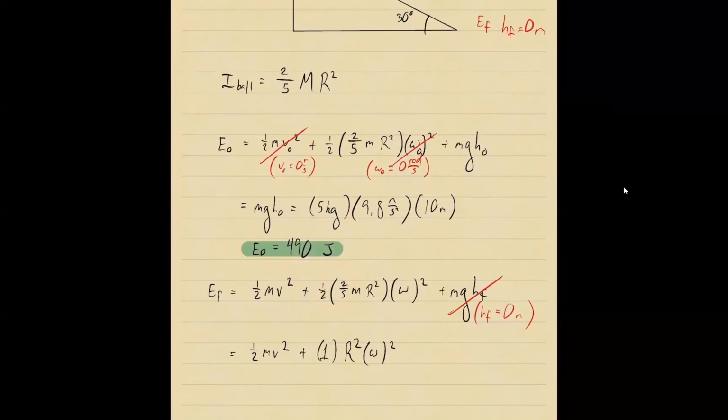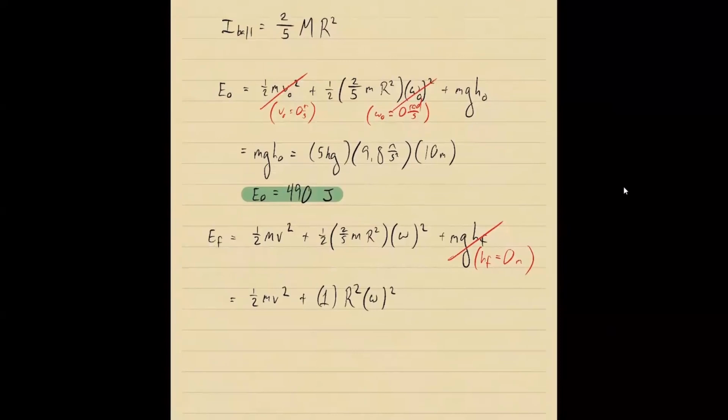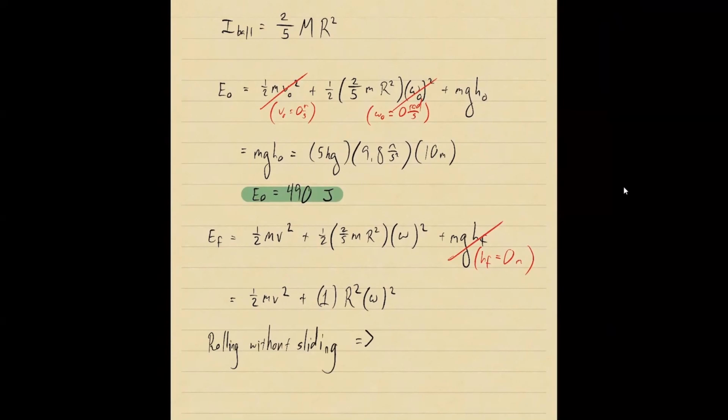But since this ball is rolling without sliding, we're always going to assume that, unless otherwise stated. So because this thing is rolling without sliding, this means that the velocity at the bottom, the linear velocity, is equal to the radius of this ball times its angular velocity.